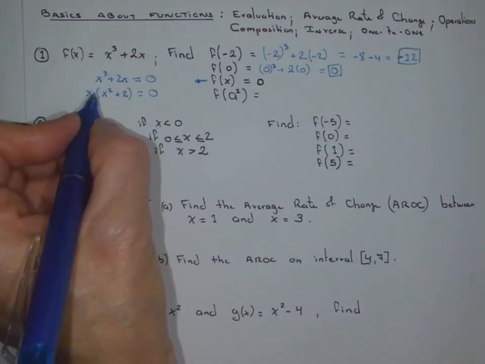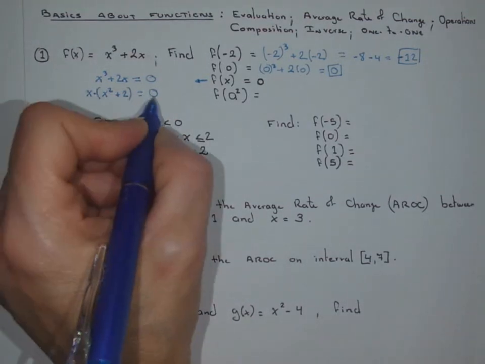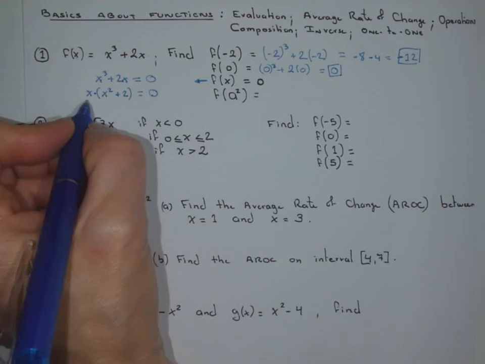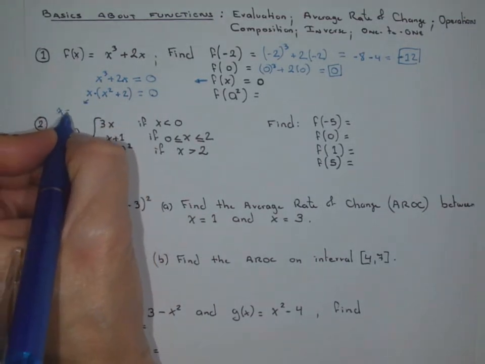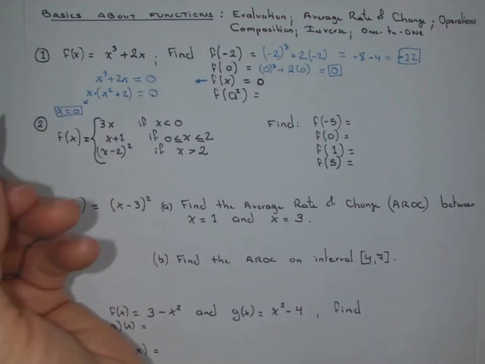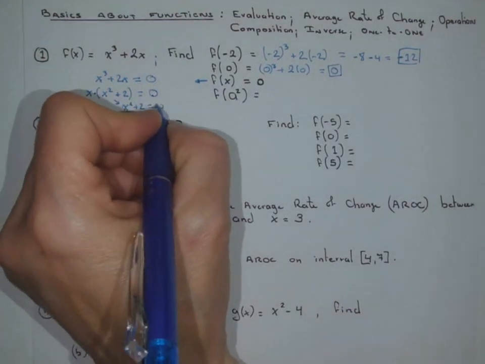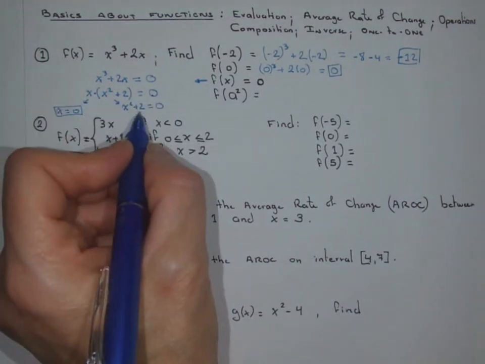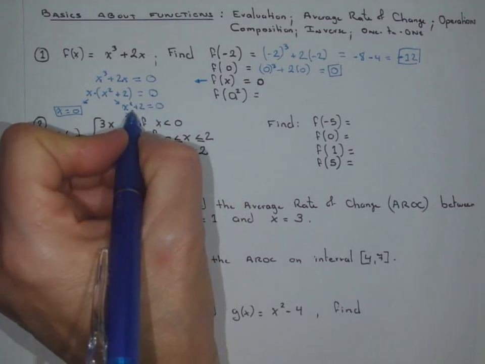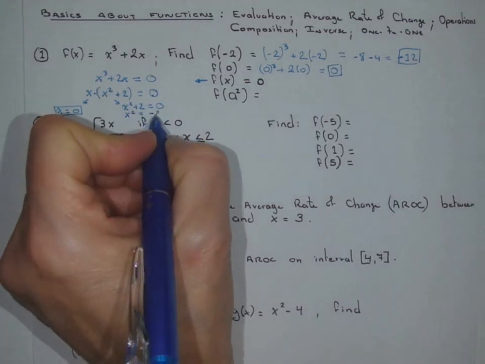And when you have a product of two things and you get a 0, then you know that either x equals 0, therefore that will be your first solution, or x squared plus 2 equals 0, in which case you would subtract 2, which gives x squared is equal to negative 2.